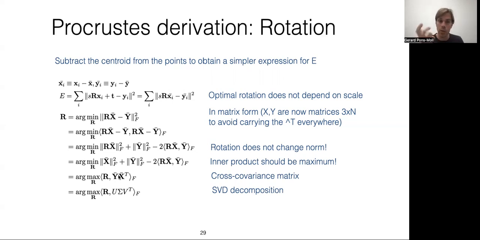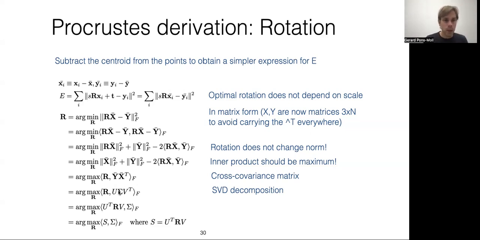We change the order relative to slides before: the order is swapped, and we have the transpose on the X and no transpose on the I and the Y. Okay, so now we can do SVD decomposition, and we have argmax of R times this decomposed matrix here.